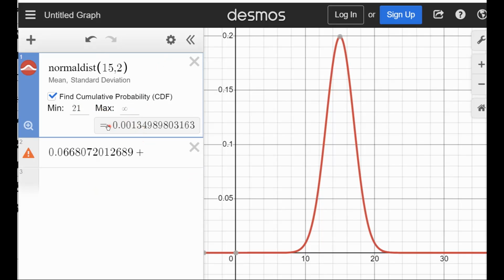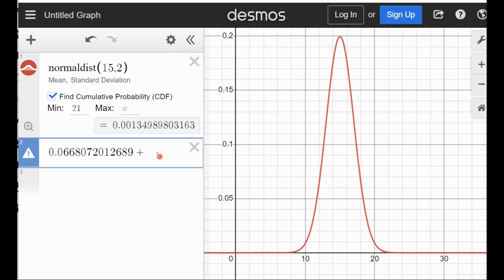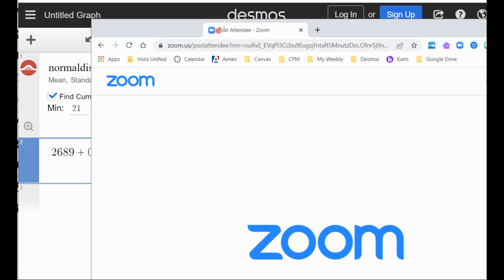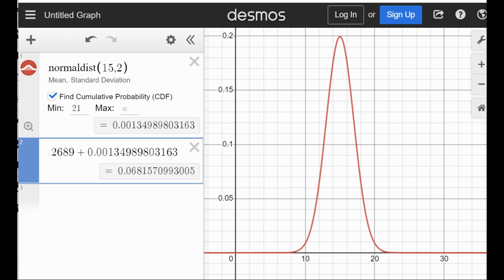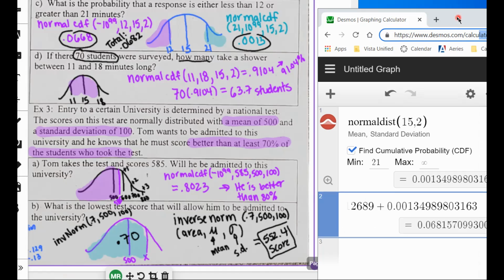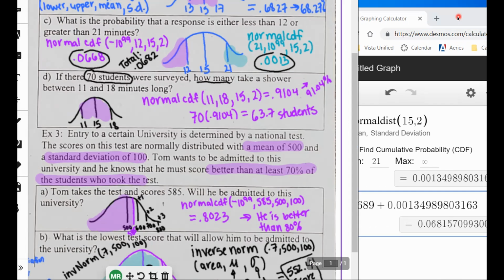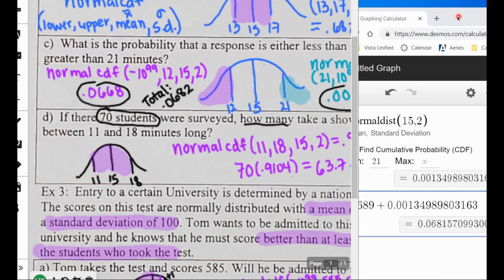I get this amount, so let me highlight that, put that here, and then I get my 0.068, which is what I did get. I had that right there on letter C.